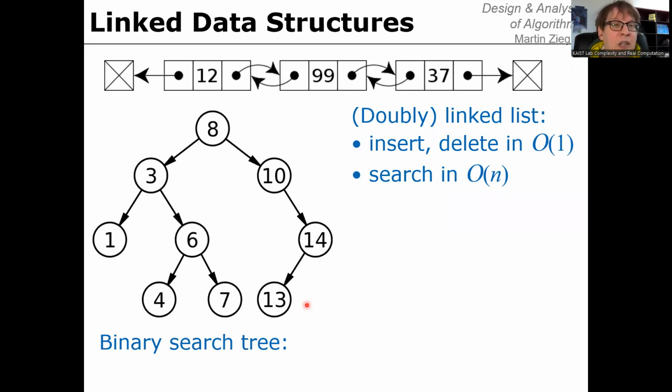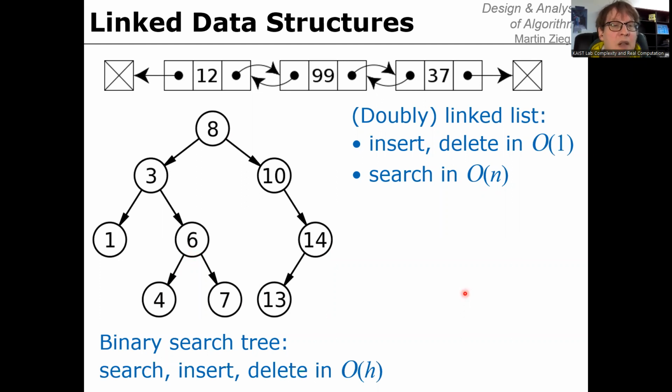Binary search trees have the additional property that all elements in the left subtree are less or equal, and all elements in the right subtree are strictly greater. You see that this is also true recursively. All elements in the left are less, and all elements in the right are greater.